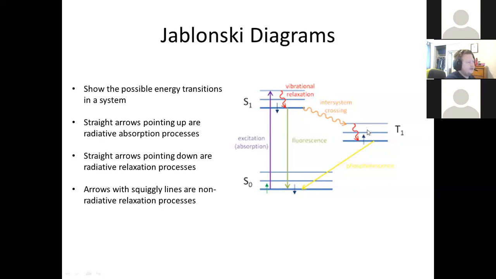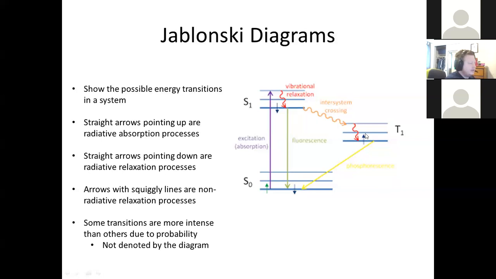You can get very, very complicated very fast. And then you can radiatively transition from the triplet down to the ground state, and this is called phosphorescence. So there's a bunch of different ways for this energy to go and to relax and to change into different energy levels.